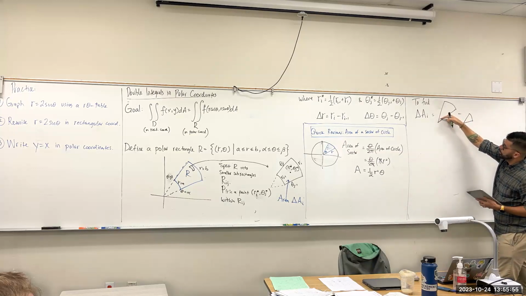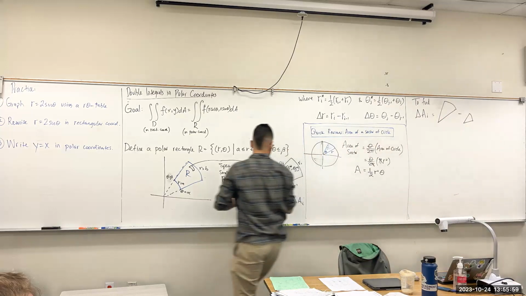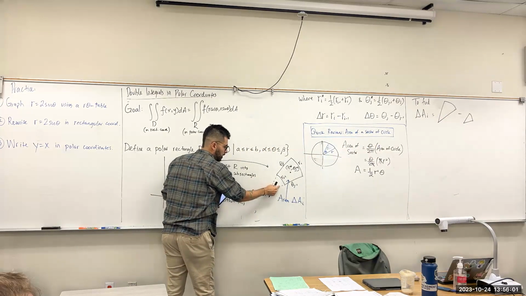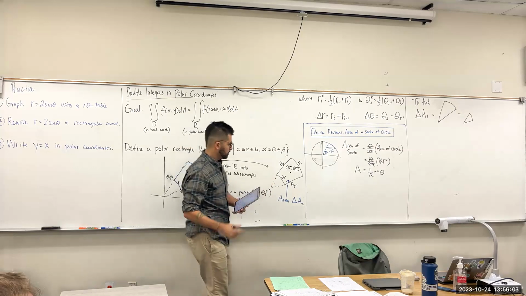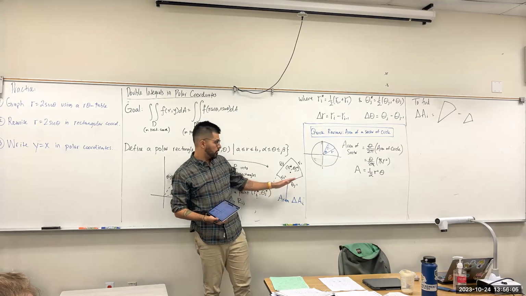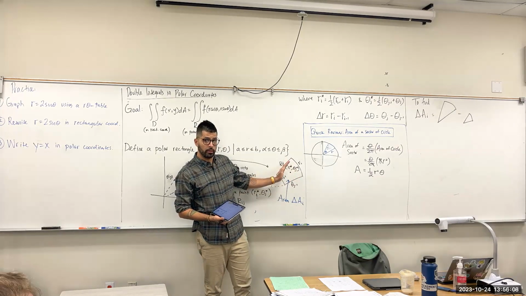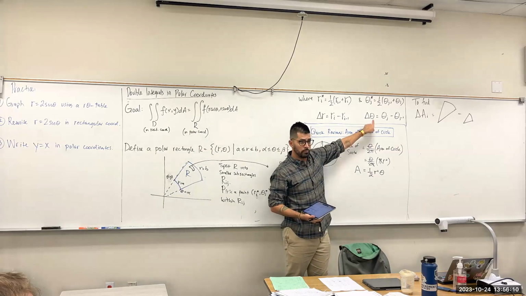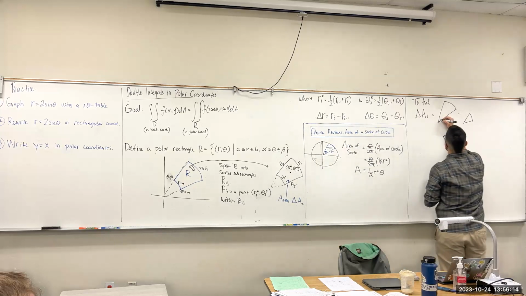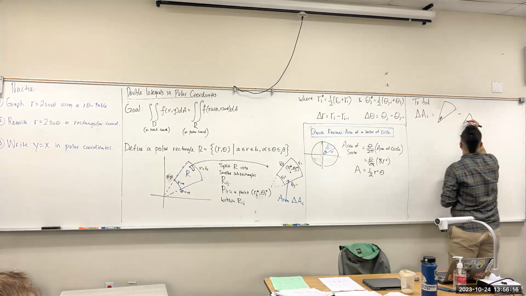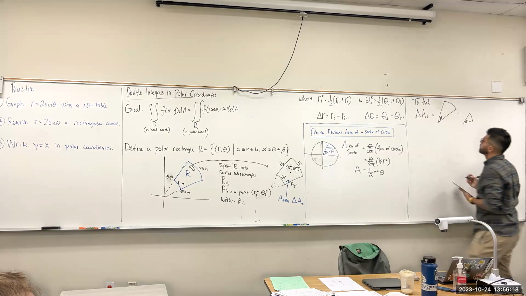What is this angle here, though? What are we calling this angle right there? It's the change in this theta to this theta, right? That's this guy. Okay? So this has the same delta theta.